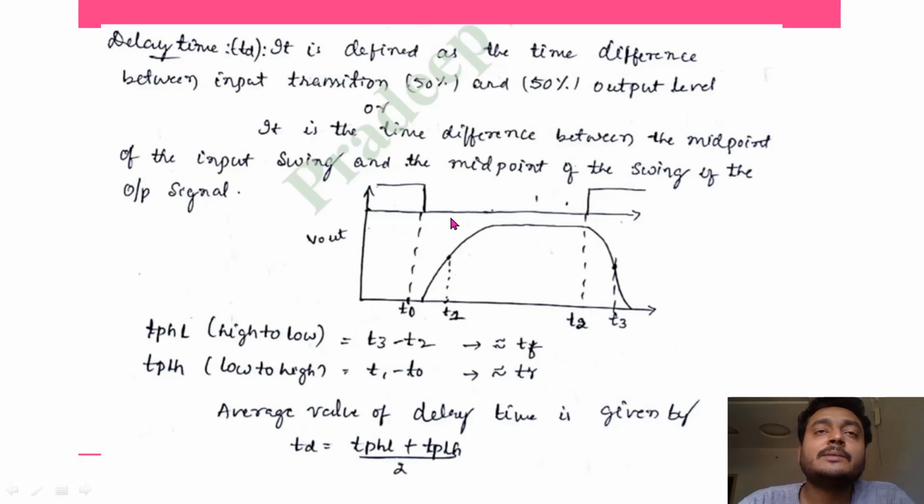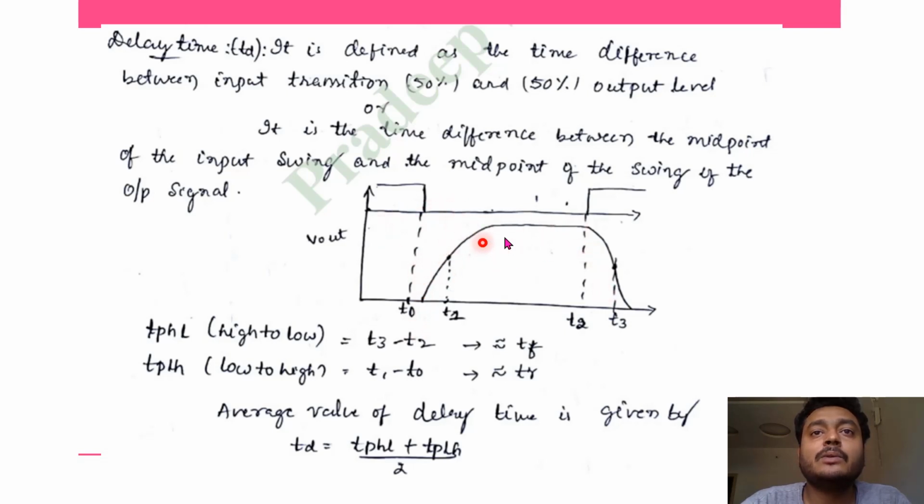Assume that we have an inverter. This is your input waveform, this will be your output waveform. The input goes from high to low, and we get some output like this.